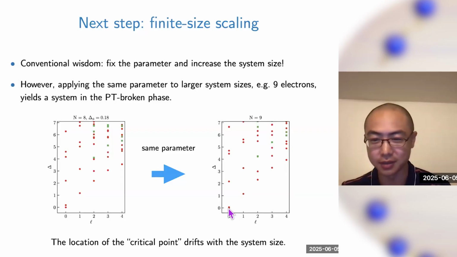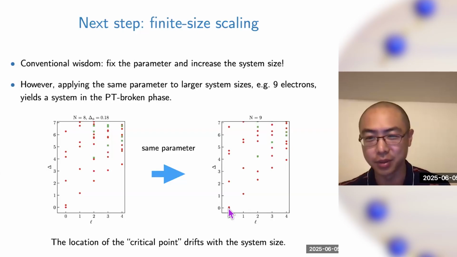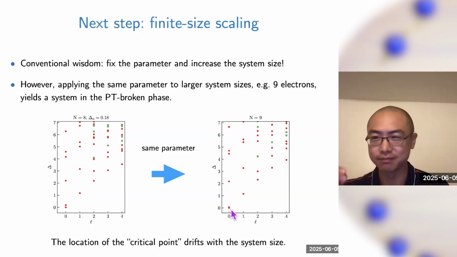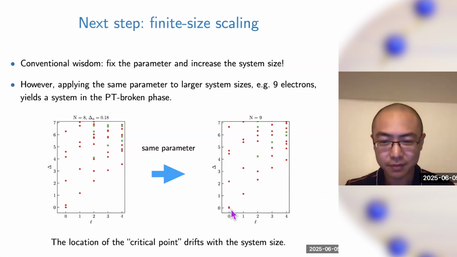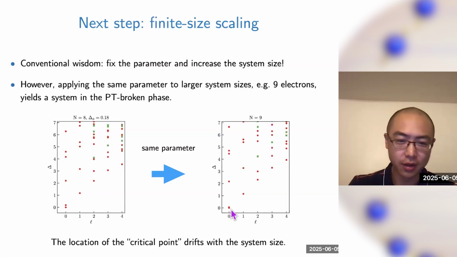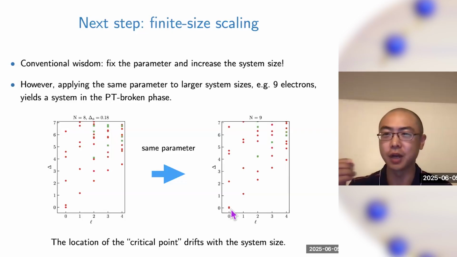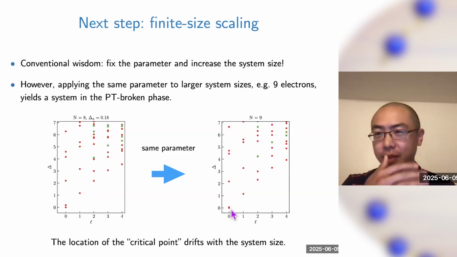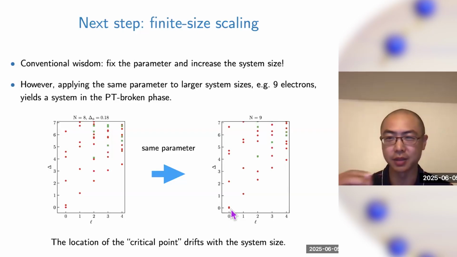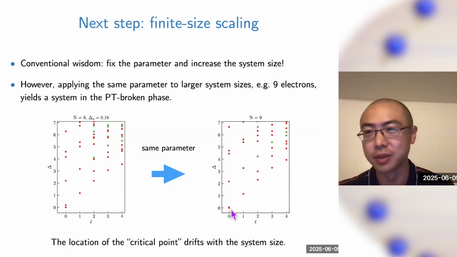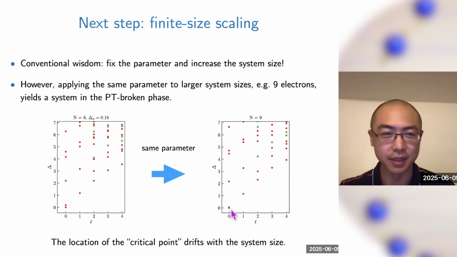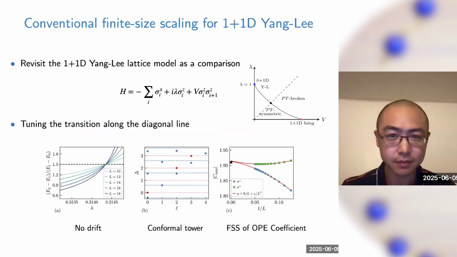I only plot the real part, not the imaginary part, but it's already in the PD broken phase. So we can see that the location of the critical point drifts with the system size, which is a phenomenon that has been observed in other systems, but it causes a very severe problem for the Yang CFT. So we have to fix that.